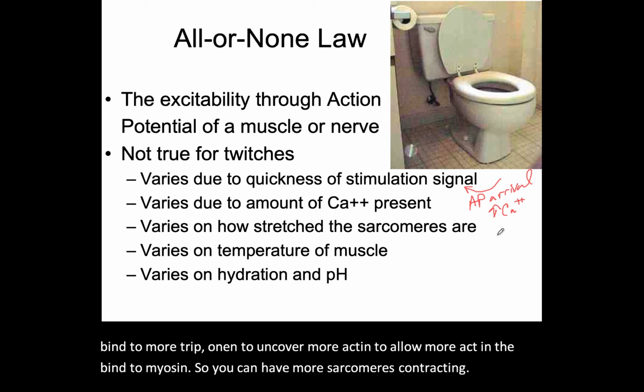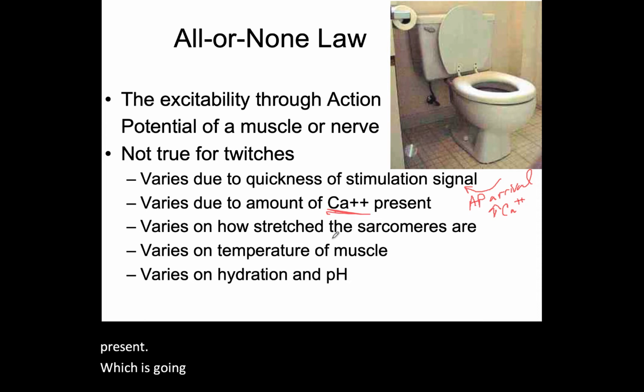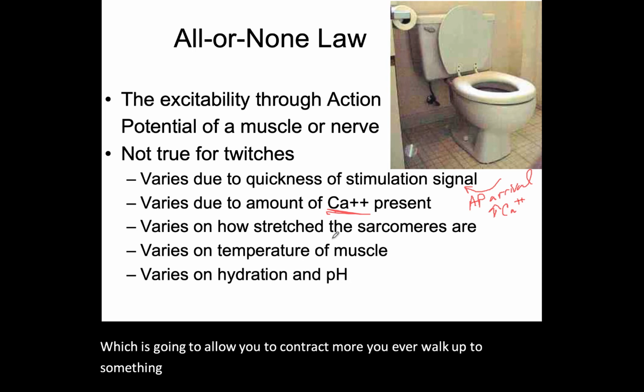So quicker stimulus, more AP arrival, is going to lead to more calcium present, which is going to allow you to contract more. You ever walk up to something and you're anticipating it to be heavy?